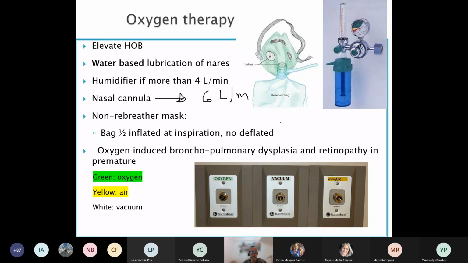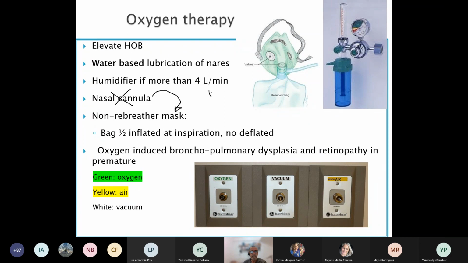Remember that the doctor can prescribe any amount of liters per minute, but usually it reaches around 15 liters per minute, usually less. The doctor can prescribe 8, 10 liters per minute, okay? So if the doctor prescribes more than 6 liters per minute, nasal cannula is not useful and needs to be upgraded to a non-rebreather mask.